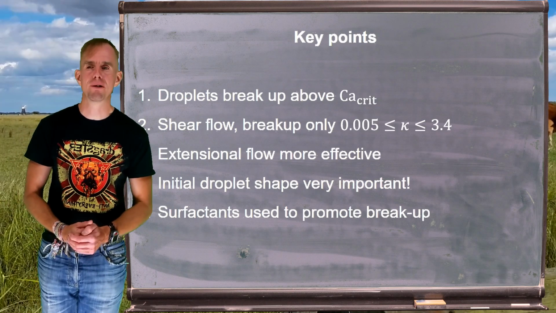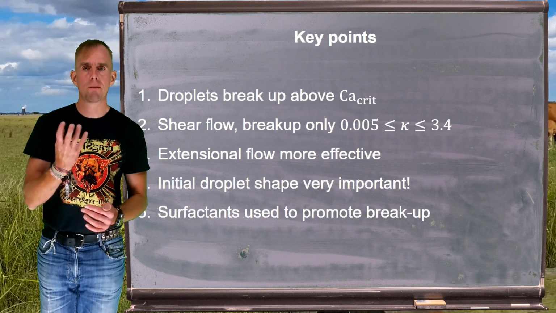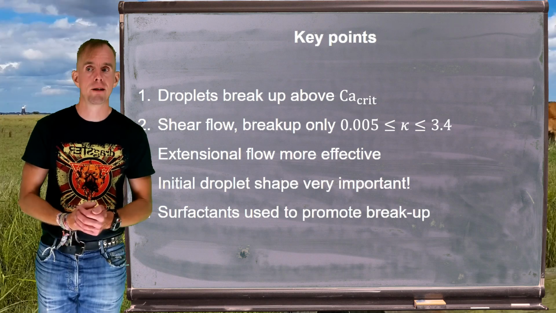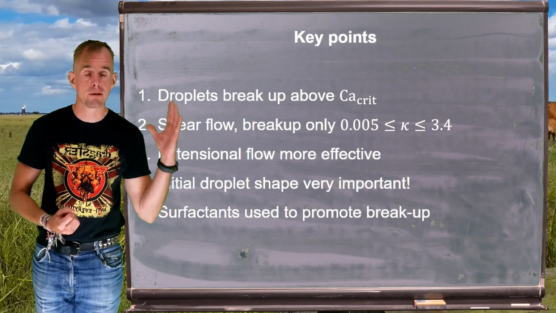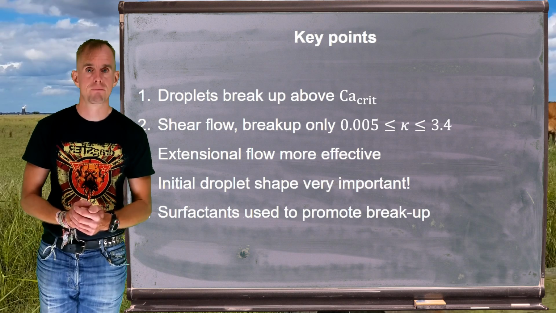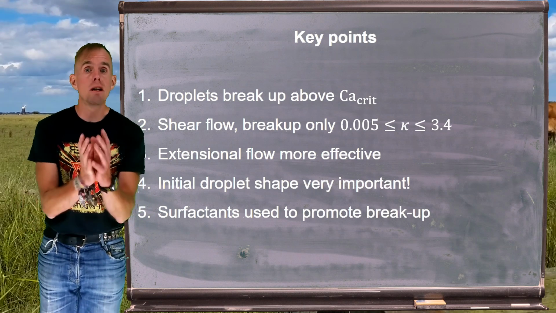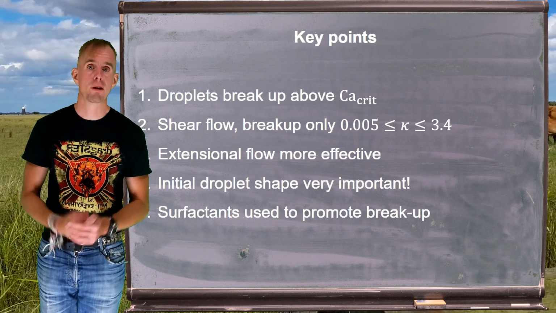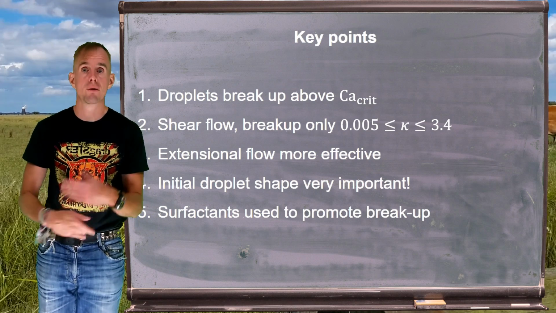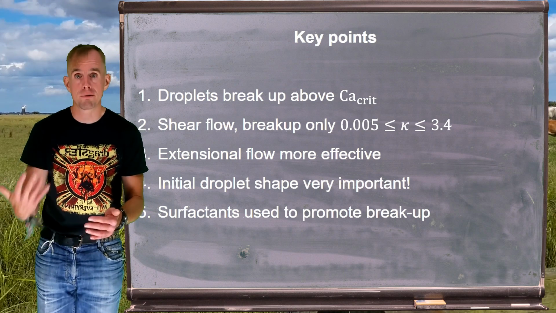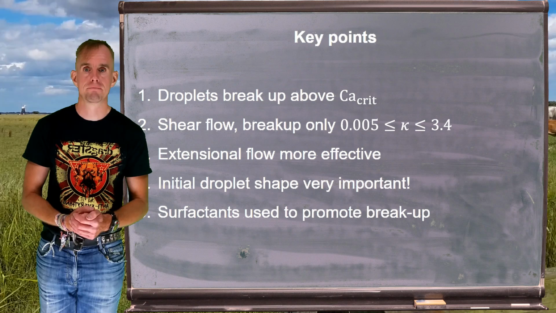Let's recap a few key points. We've been talking about droplet breakup. Droplets break above a critical capillary number, and we plotted for spherical droplets these critical capillary numbers on a Grace diagram. We saw that in shear flow there's a limited region for breakup. We saw, however, that in extensional flow we don't have that limited region, and so homogenization should involve extensional flows because they're far more effective at breaking up droplets.